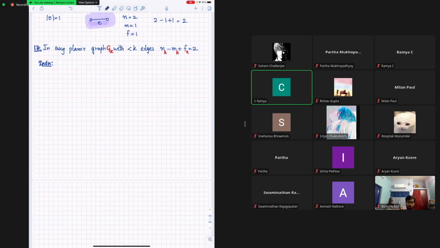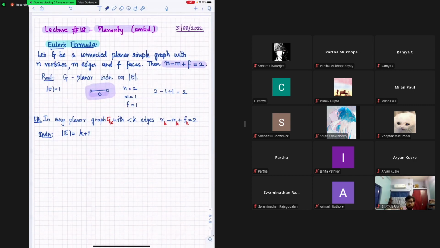So in the induction step, you have a graph G where there are k plus 1 edges. If you don't mind, can you use V for vertices, E for edges? Then it's easier to follow. Okay, let's do that, if that's fine with everybody. So you want V minus E plus F. Okay, so V vertices, E edges.